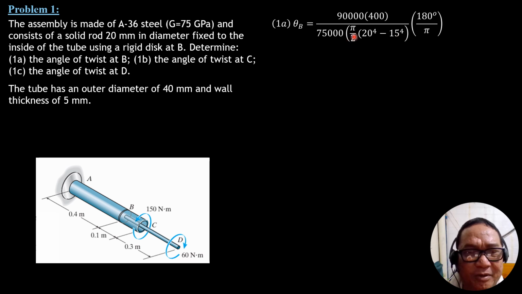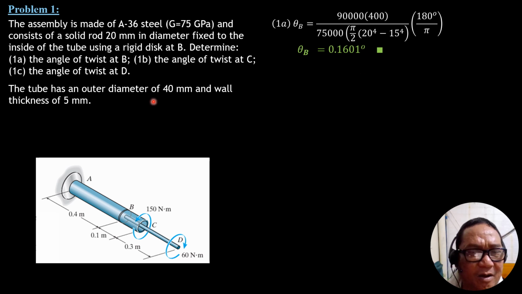And this is the polar moment of inertia J. Instead of pi over 32 outer diameter to the fourth minus inner diameter to the fourth, I just use pi over 2 quantity outer radius to the fourth minus inner radius to the fourth. You can change this to pi over 32, then 40 to the fourth minus 30 to the fourth if you want. So solving, theta B is equal to 0.1601 degree.